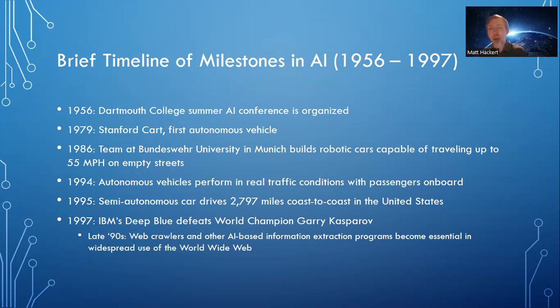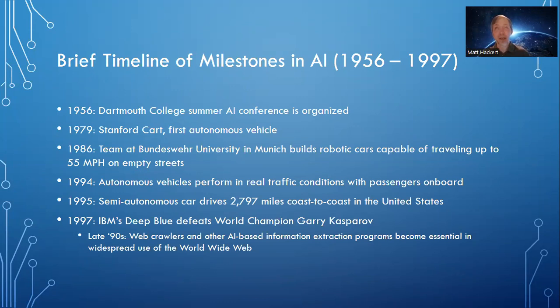They demonstrate autonomous driving in 3 lanes, convoy driving, and lane changes left and right with autonomous passing of other cars. 1995, quote, No Hands Across America, a semi-autonomous car drove coast to coast across the United States with computer-controlled steering for 2,797 miles of the 2,849-mile journey. Throttle and brakes were controlled by a human driver.